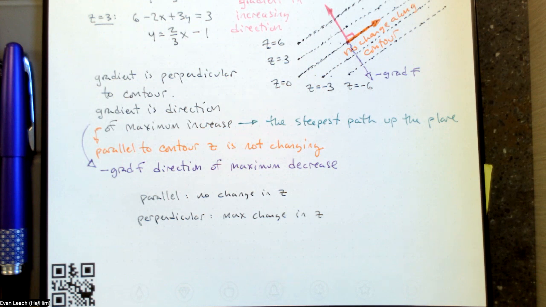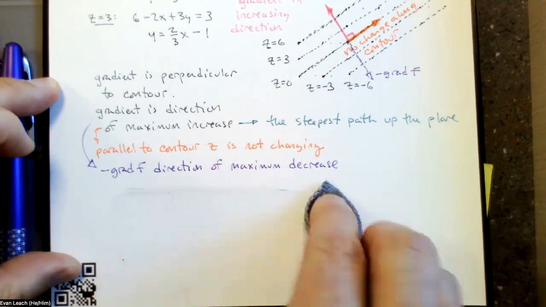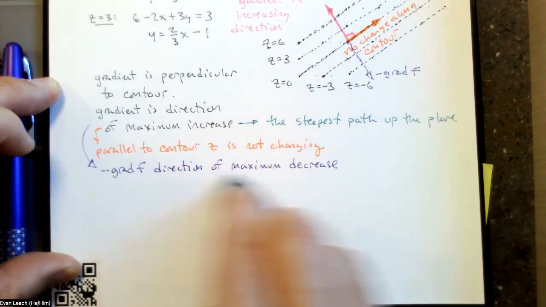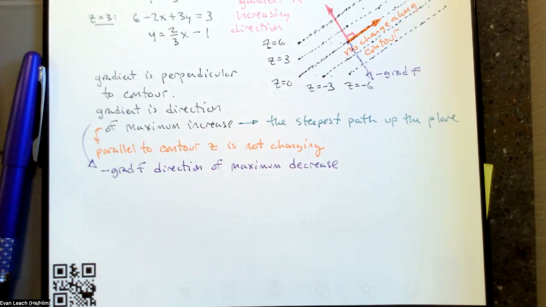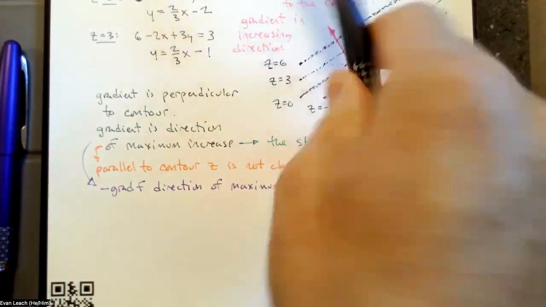If we go perpendicular to the gradient, that's going to be no change. Oh, I should say parallel to. Let me reframe this from the gradient perspective. I just said parallel and perpendicular, and that was not specific enough. Because I have two things here.